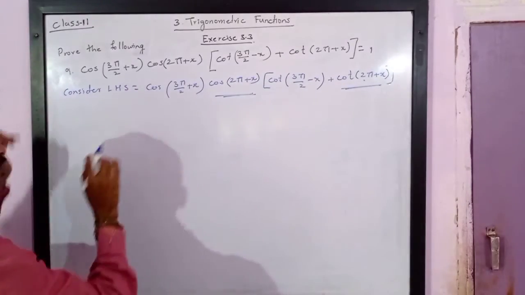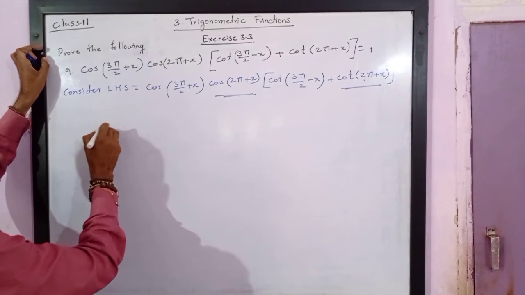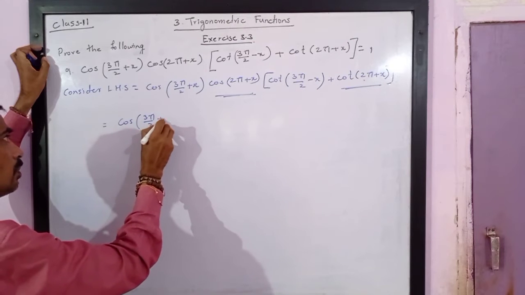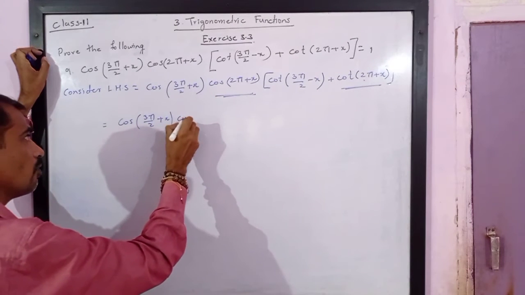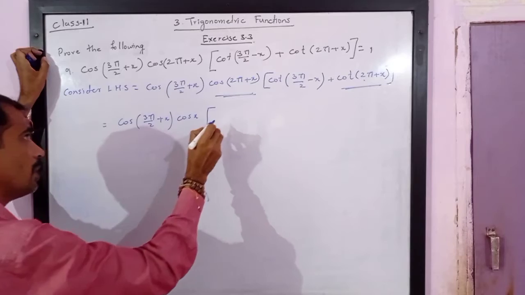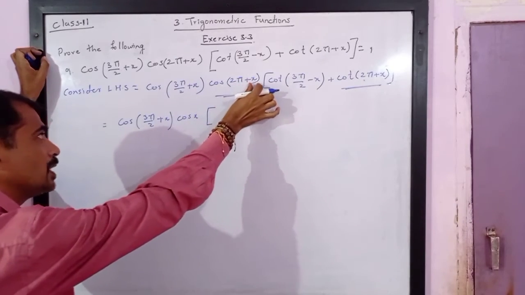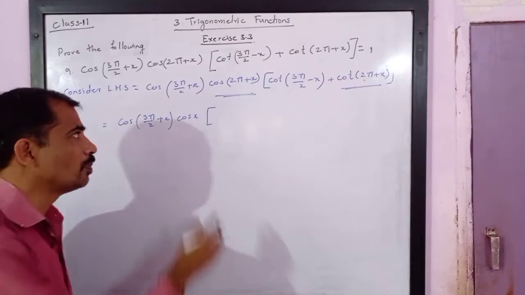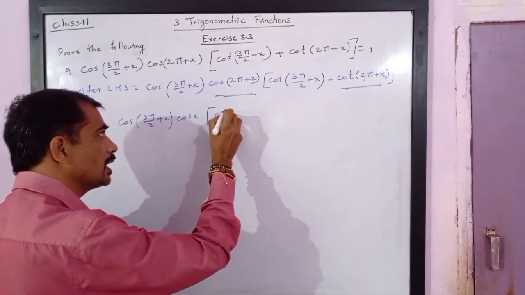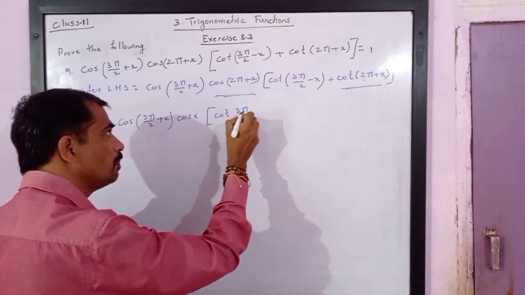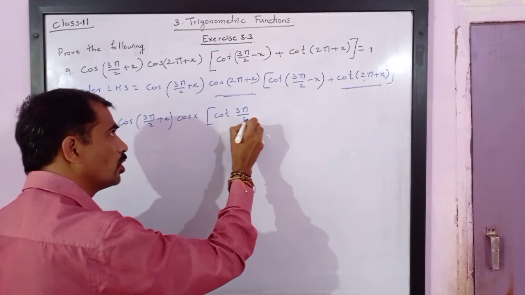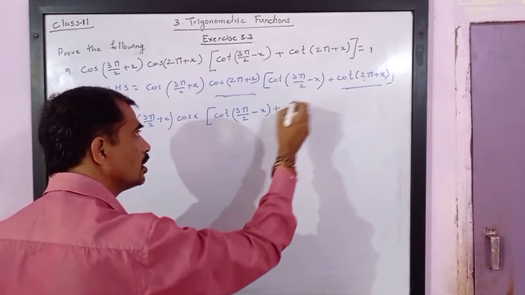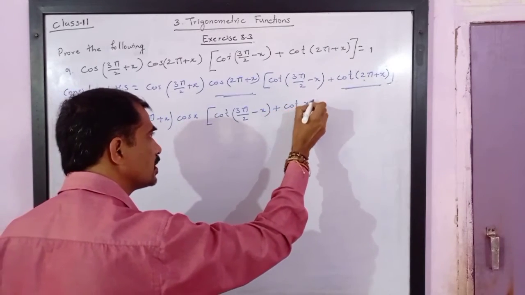Other things we will try to understand a little later. So this becomes cos of (3 pi by 2 plus x) into cos x, multiplied by, please note, cos of (2 pi plus x) becomes cos x, as all trigonometric ratios get repeated after 2 pi radians, into [cot of (3 pi upon 2 minus x) plus cot x].